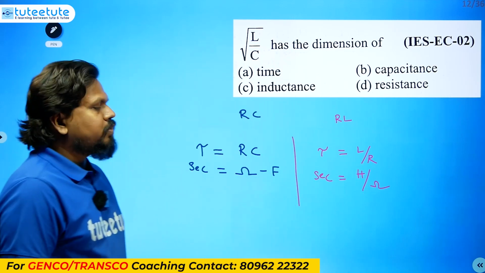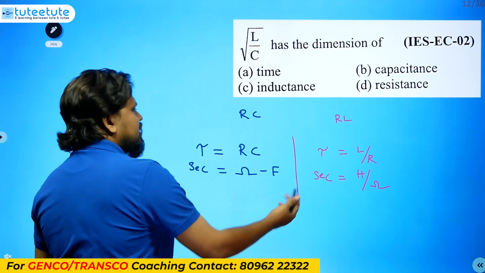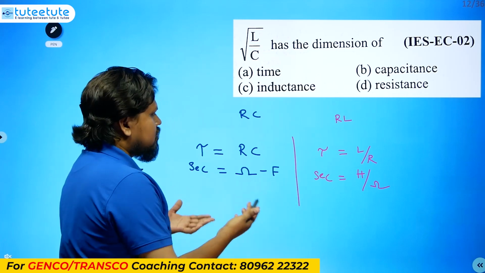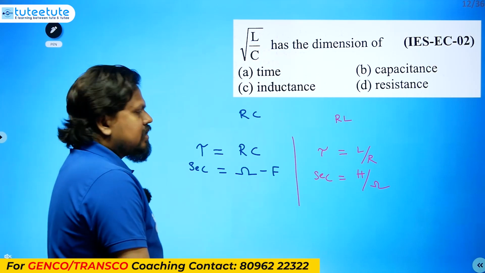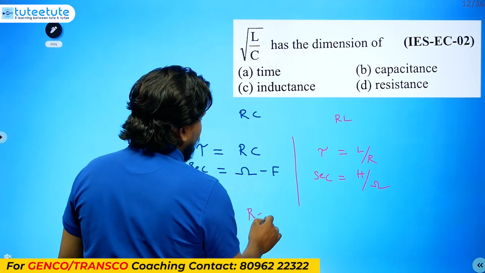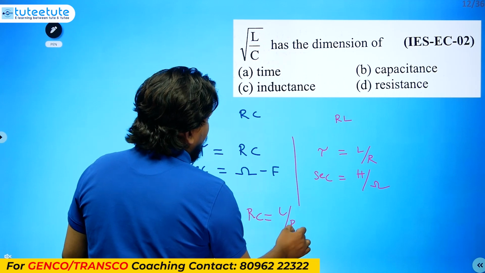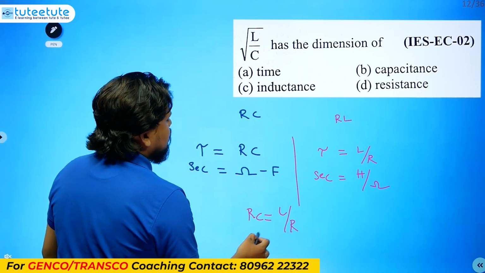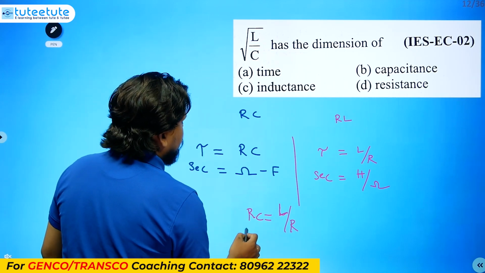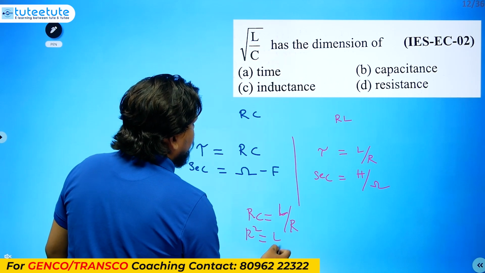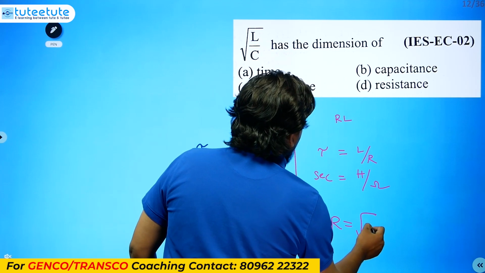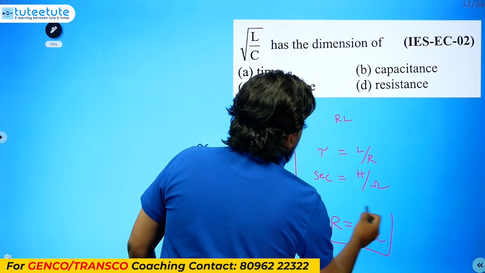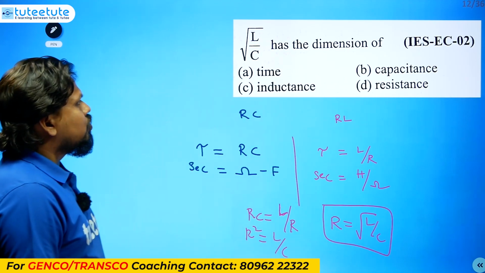As these two are time constants, just for our analysis, if you consider RC equals L by R, then R square equals L by C. Then we can represent R as root L by C.